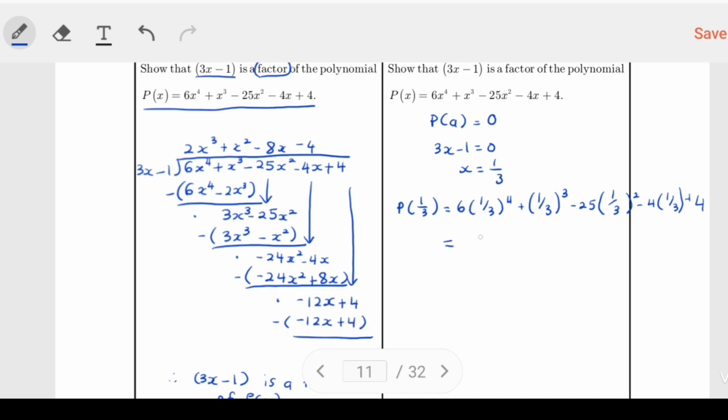If we simplify, we should get 0. Then we can say that 3x minus 1 is a factor of px. Shown.